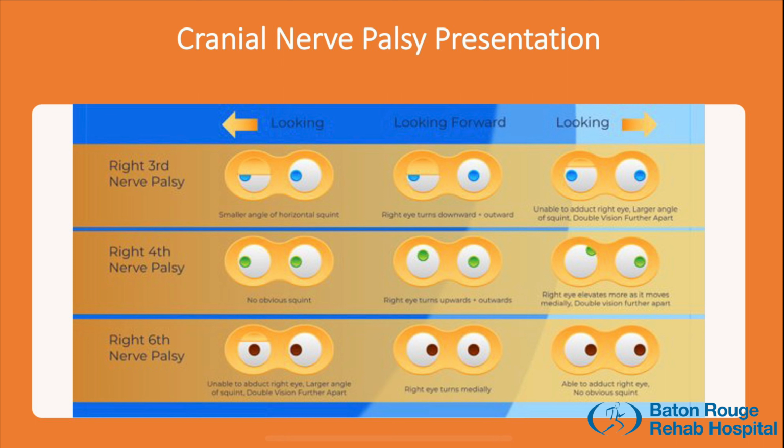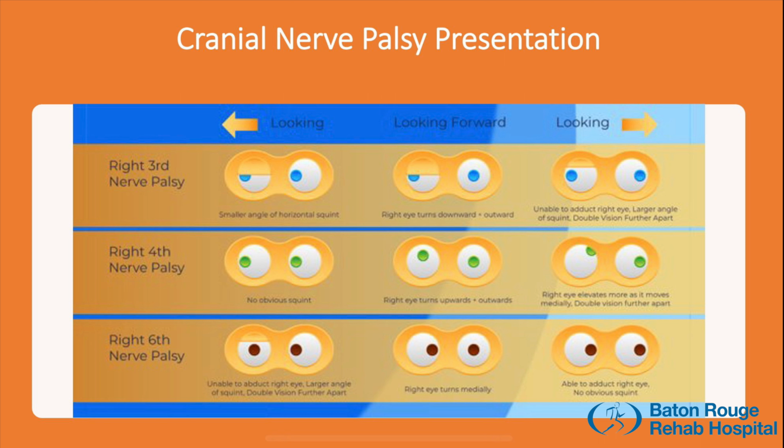As mentioned, a patient that has sustained a brain injury is at increased risk for cranial nerve damage, resulting in an ocular misalignment. Patients that have sustained cranial nerve damage will experience partial weakness or complete paralysis of the areas served by that affected nerve and have a very specific presentation upon evaluation.